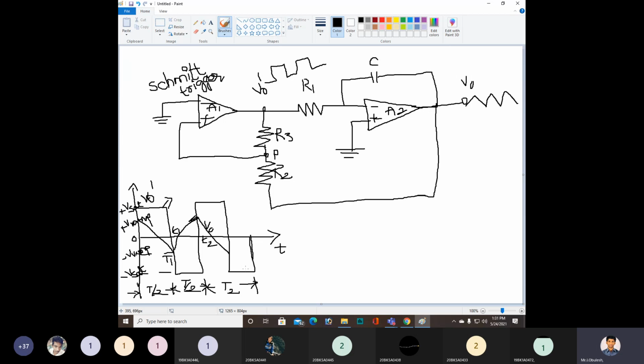Hence, the output of A1 will switch from negative saturation minus V sat to positive saturation plus V sat. The A1 output is V0 dash and the A2 output is V0. So the A1 value switches from positive V saturation to minus V saturation, and from minus V saturation to positive V saturation.